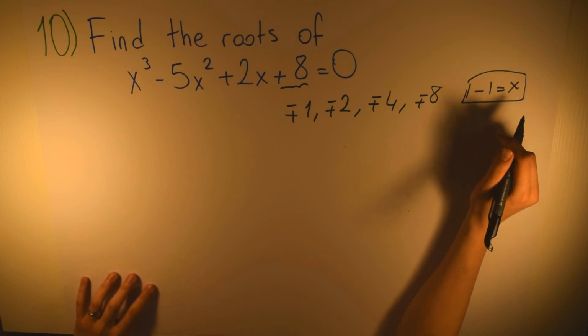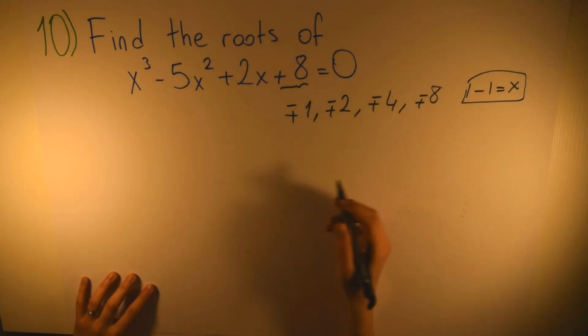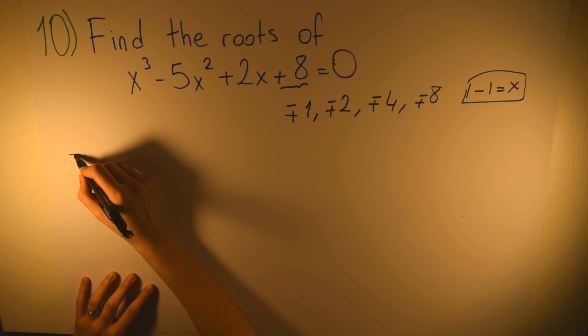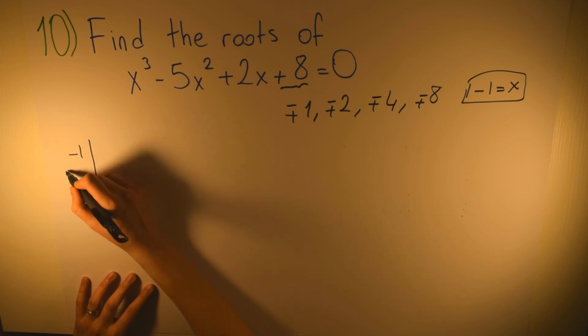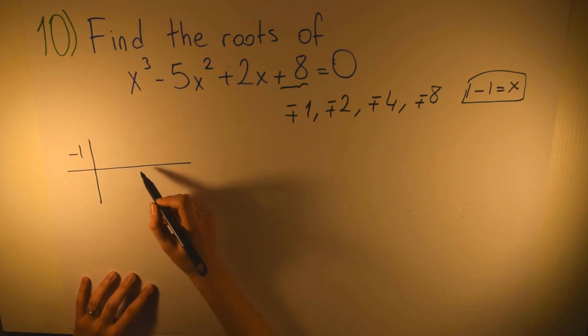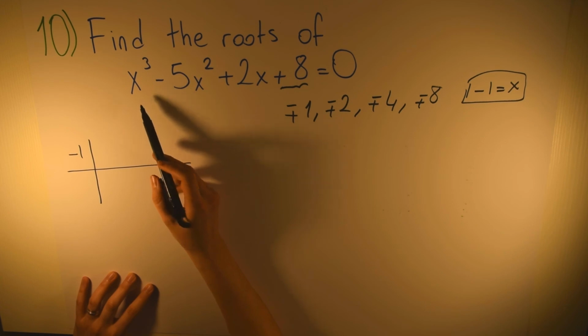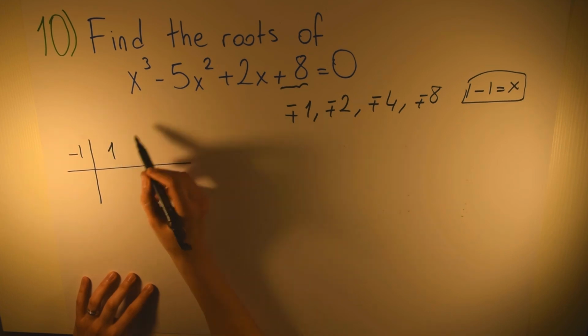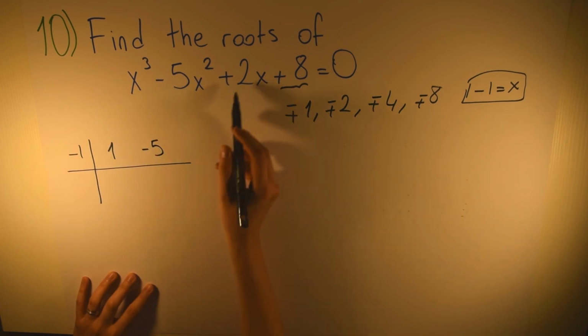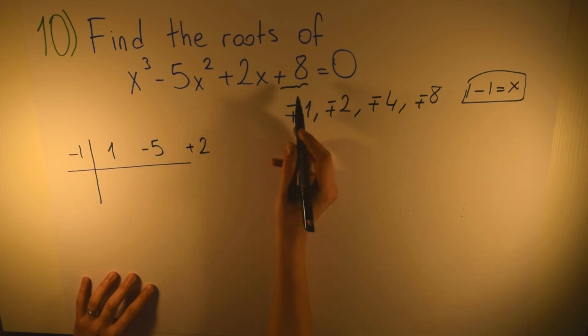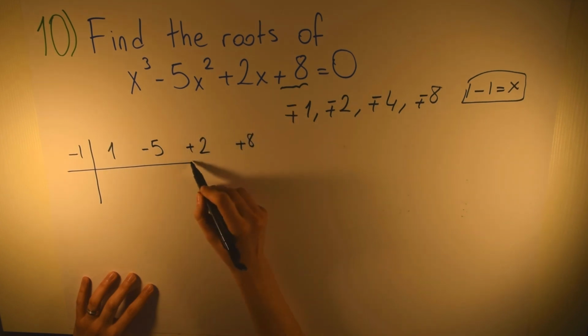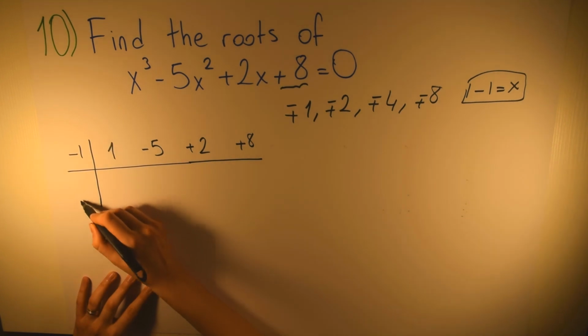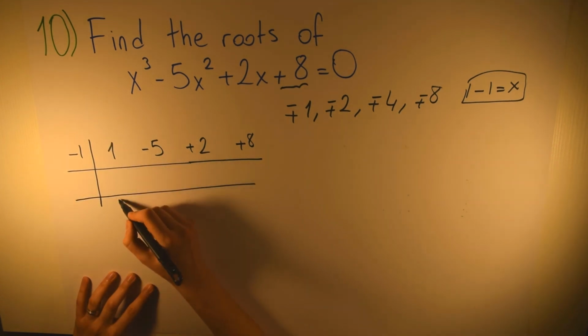After that I will apply the Horner method. Well, how do I do that? I write minus 1 here, I draw this line, and I write down the coefficients. Here I have 1, here I have minus 5, here I have plus 2, and here I have plus 8. After that I write 1 here.